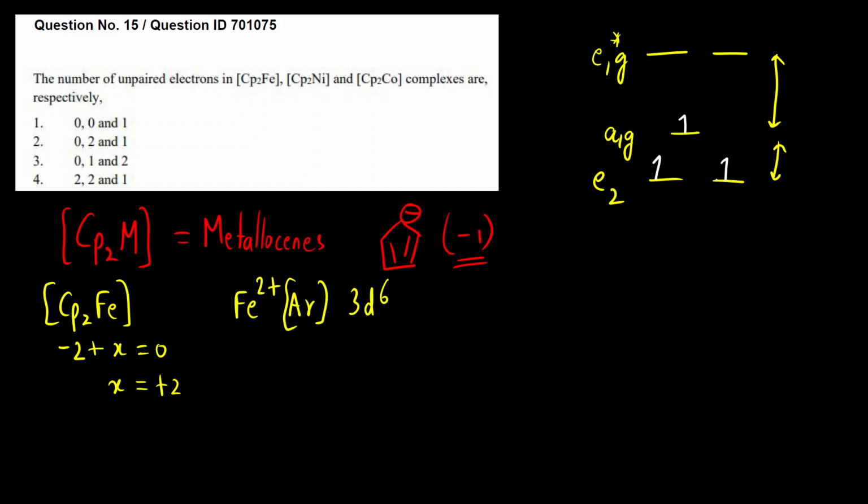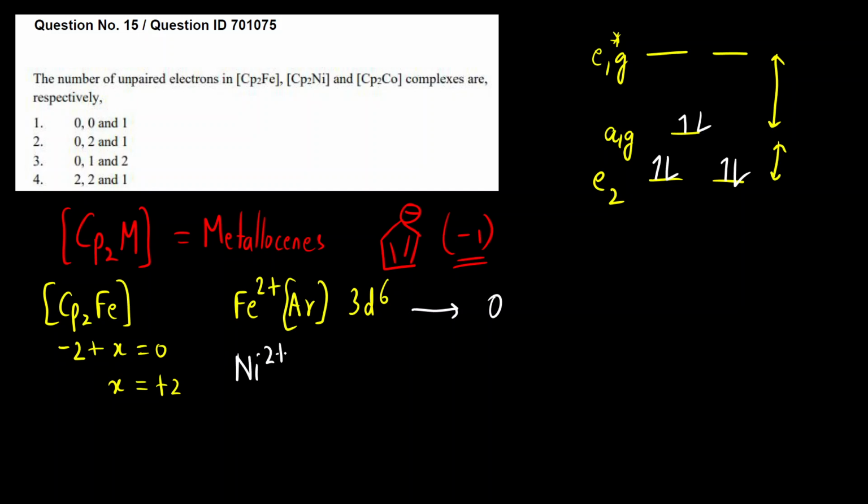Energy difference is very less. You can consider these three as the 3 p orbitals like this. So 3 electrons, then you start pairing. You will not go here. This is not correct because energy difference is higher. So 1, 2, 3, then you start pairing 4, 5, and 6. So here we have how many unpaired electrons? 0.